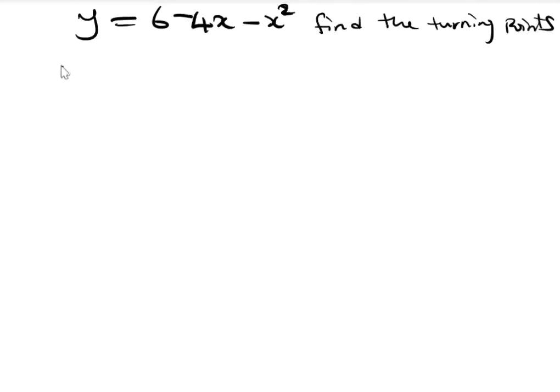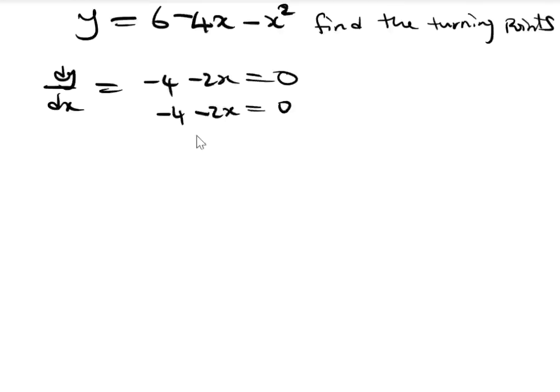Then dy/dx is equal to the differentiation of a constant, which is 0, and differentiation of minus 4x is minus 4. Differentiation of minus x squared is minus 2x, and this is equal to 0, because at the turning point, the gradient dy/dx is equal to 0. This implies that minus 4 minus 2x is equal to 0.